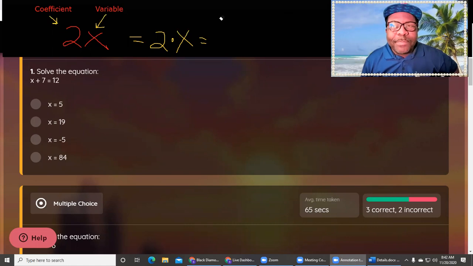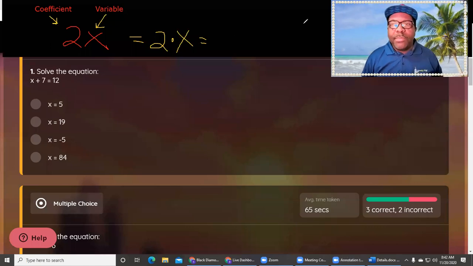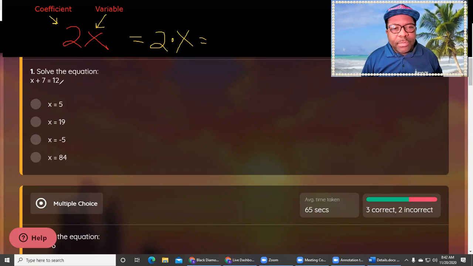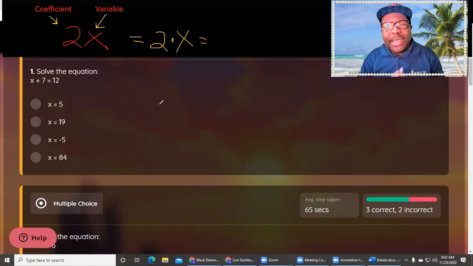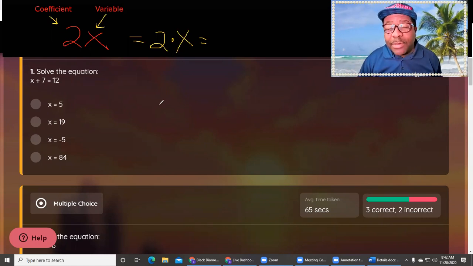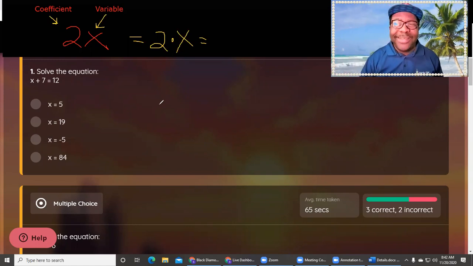Okay, so let's go to problem number one. x plus 7 equals 12. Think of it this way. You need to pay $12 to go to that movie at Lynn Haven Mall. So it's going to be $12.